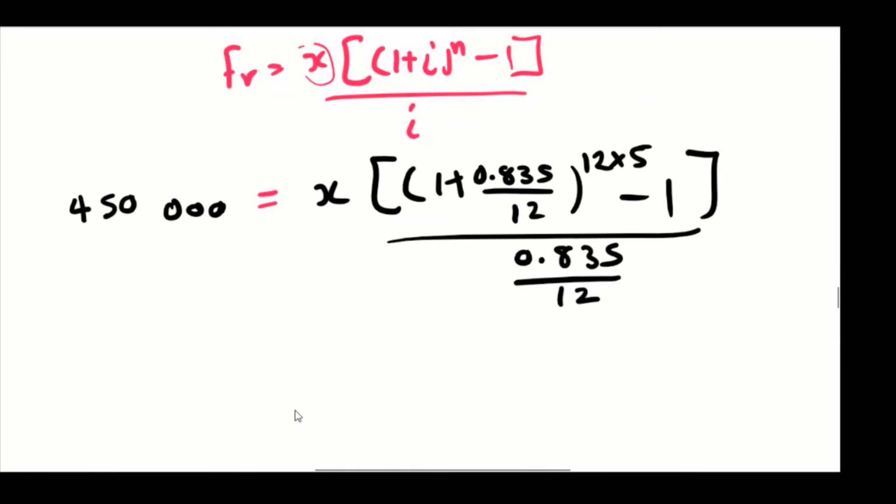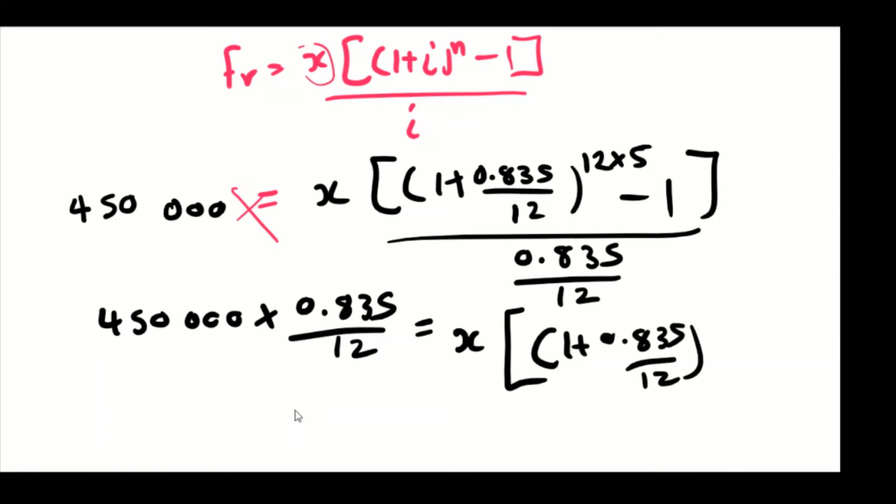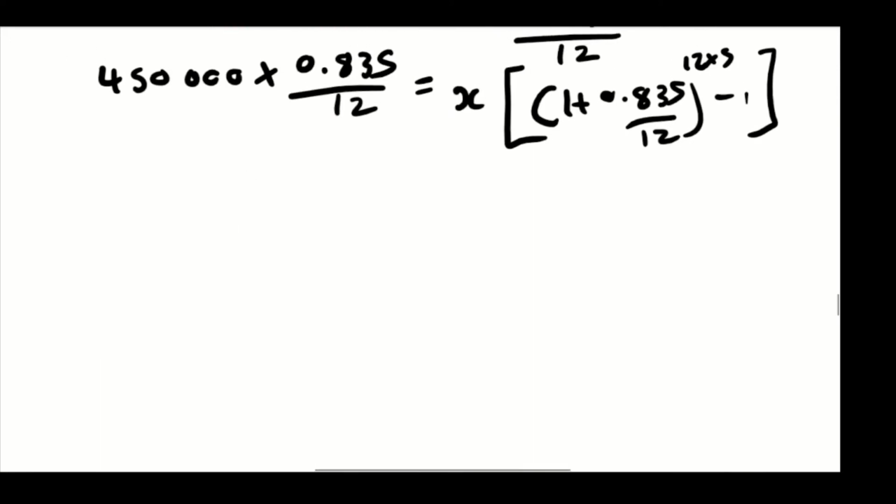Then because we want x, we're going to cross multiply. We will have 450,000 times 0.0835 over 12 equals x into 1 plus 0.0835 over 12 to the power of 12 times 5, minus 1, like this. And then because we want x, we're going to divide by this.